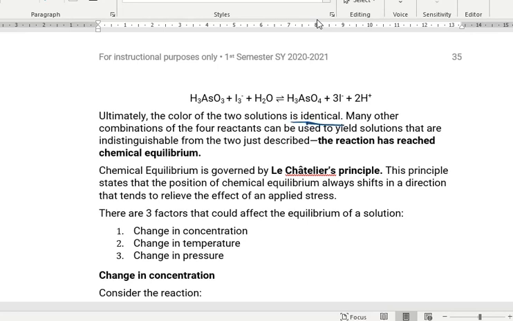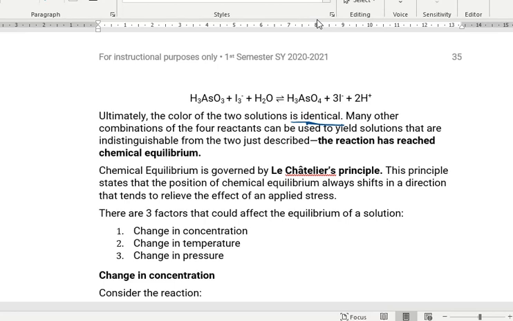So many other combinations of the four reactants can be used to yield solutions that are not distinguishable from the two just described. And that means that the reaction has reached chemical equilibrium.